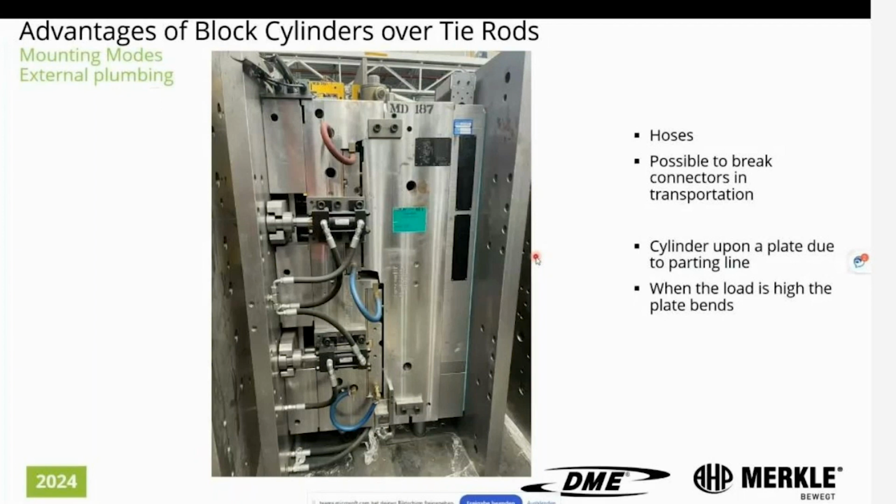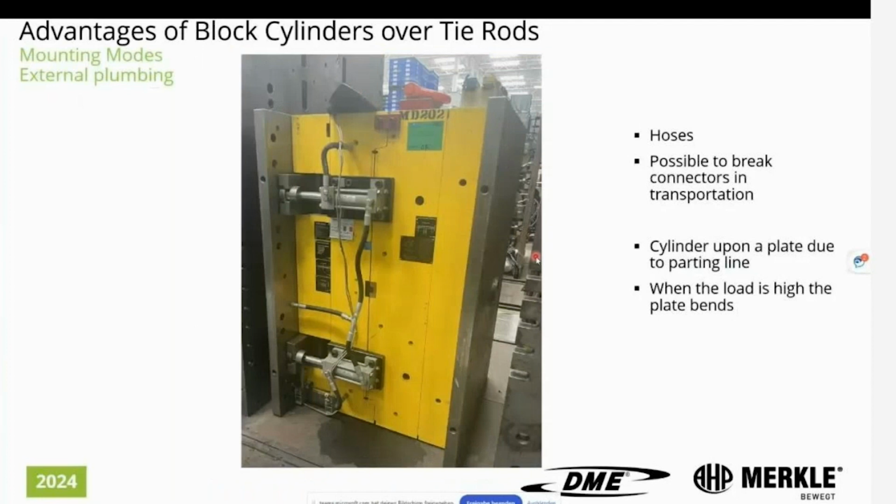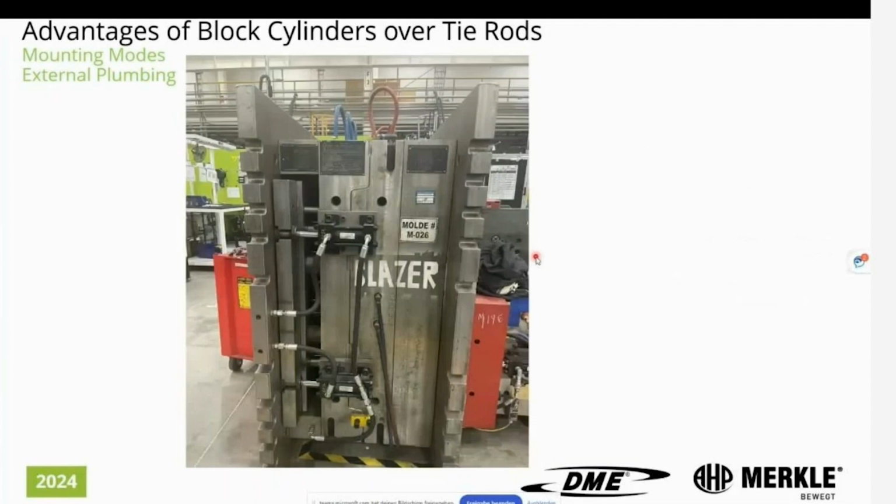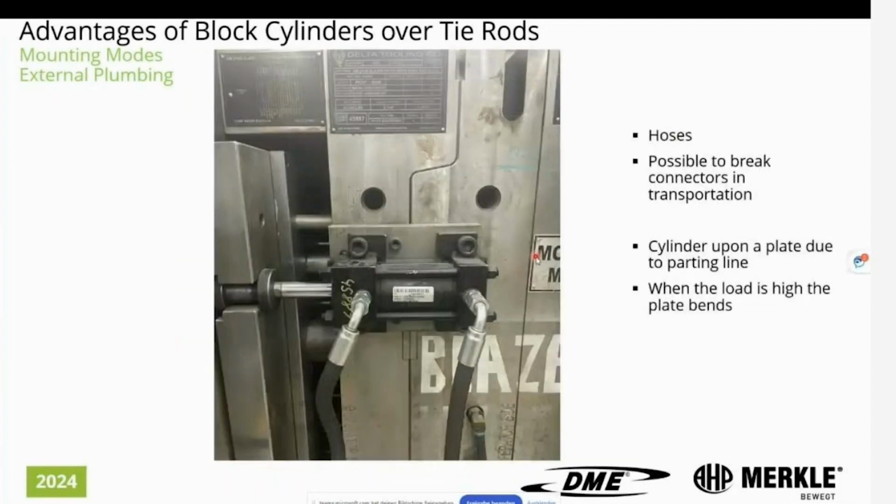This was one thing that I had some complaints about, that the tools, when they were coming from wherever, because of the transport, the plumbing would sometimes be damaged. So as you can see here, many different examples. I'm just coming back again for you to have the possibility to see it again.